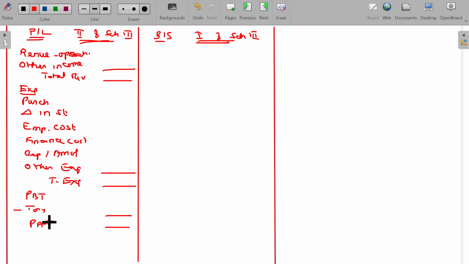In case of balance sheet, equity and liabilities, under that number 1 being shareholders' funds, share capital and reserves and surplus.